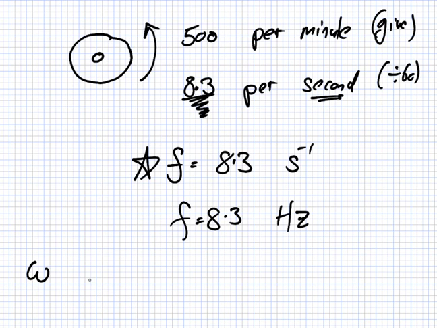So, what formula could I use? 2 pi over T. So first I need to get T. So T equals 1 over F. What is it? 0.12 seconds.